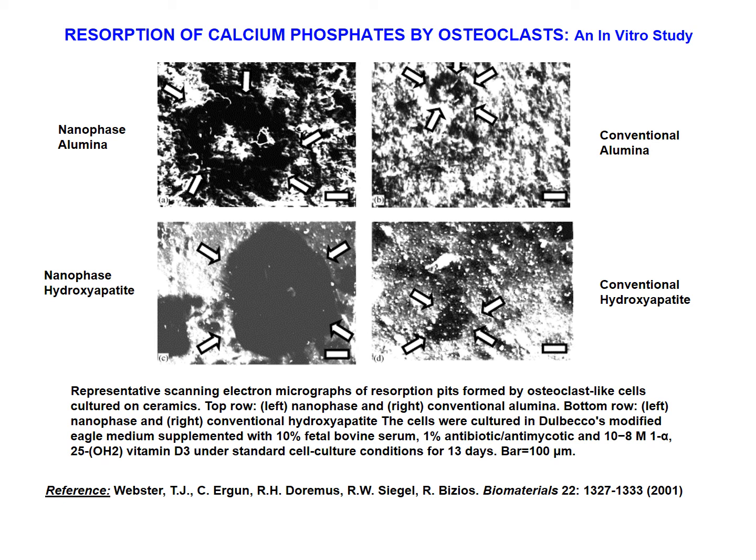This was the outcome of the activated osteoclast function. In comparison, on the conventional hydroxylapatite, the scanning electron micrograph on the lower row right-hand side, those areas of resorption are fewer and much smaller and more dispersed on the surface of the substrate.